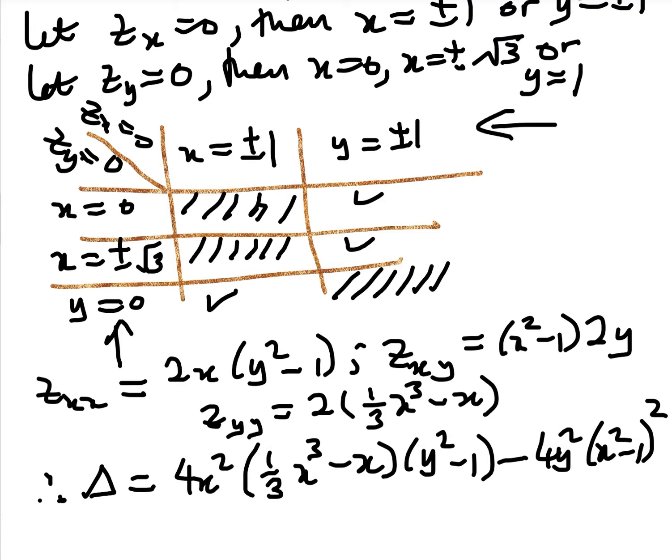There's a bit of an error here. Let me just make sure about the first term in this delta. If I removed a common factor, this would actually be a 2, and this would be a 1. So that is x squared minus 1. There we are, that should make it correct.